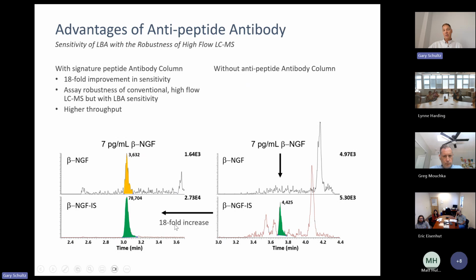And so we can see we get an 18-fold improvement in signal to noise by simplifying the sample that actually reaches the MS interface. This particular method enabled us to analyze over 19,000 clinical samples as part of high throughput support for a clinical program.